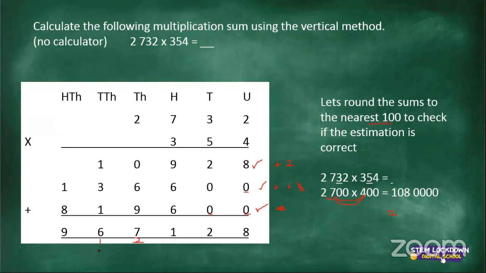So we get our answer of 6. Now there's nothing to add here, so we don't add it. And then we have 8 plus 1 is 9. So now we have our final answer, and that's how we did vertical multiplication with a 4 by 3 digit number.